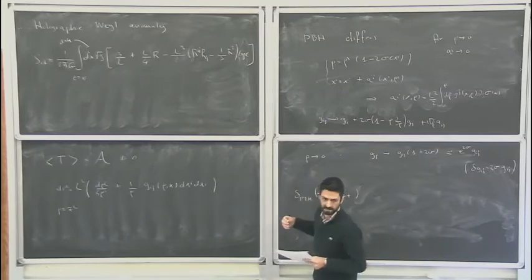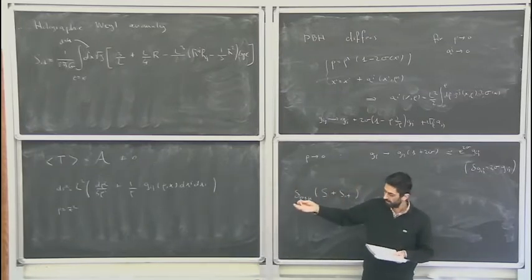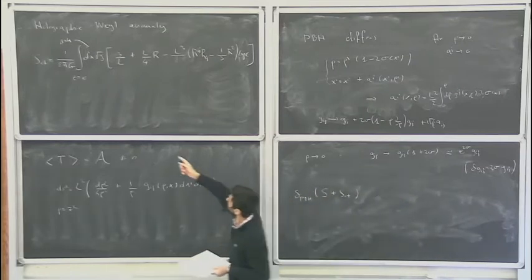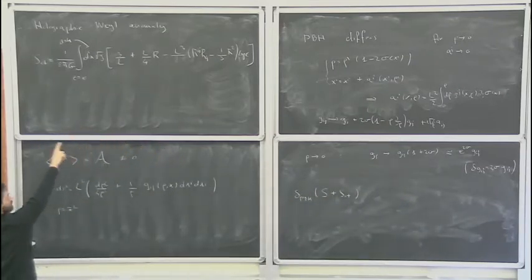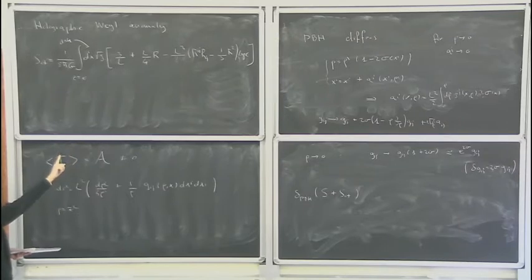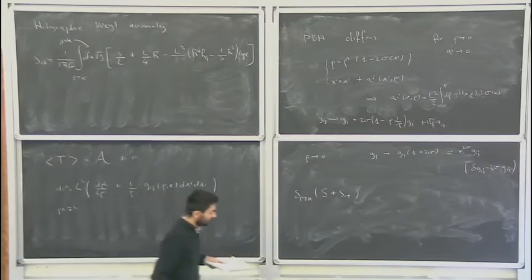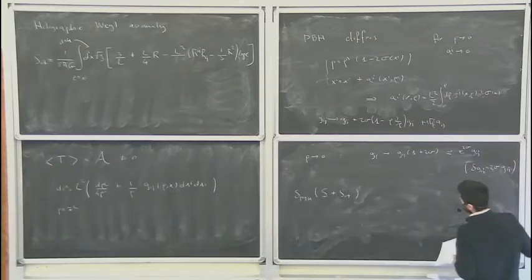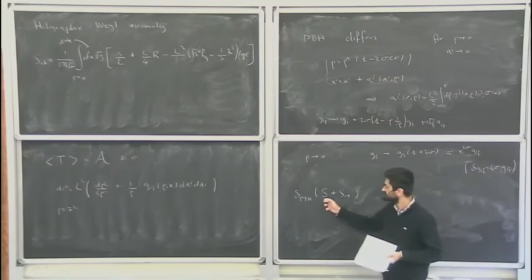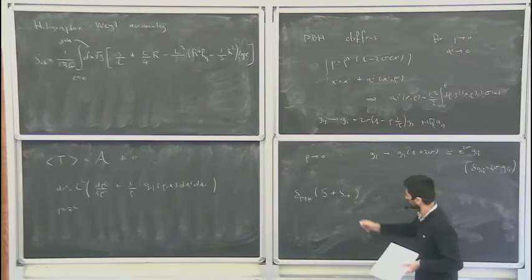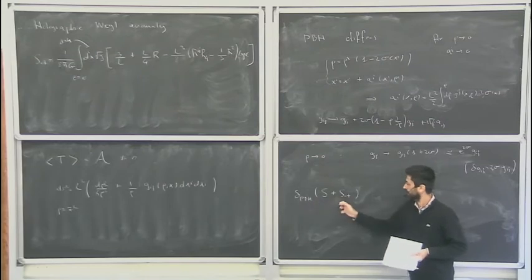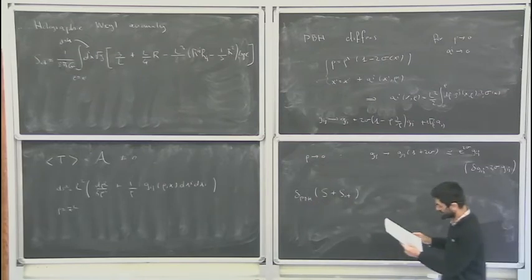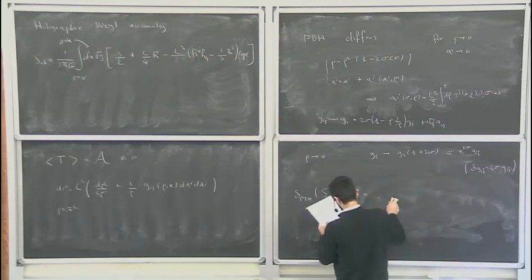Where the bulk is the initial bulk plus Gibbons-Hawking term, and the counter term is exactly that expression written there. But exactly for the reason which I mentioned, this is invariant under this transformation. So this is acting only on the counter term action. So let's write how it acts.